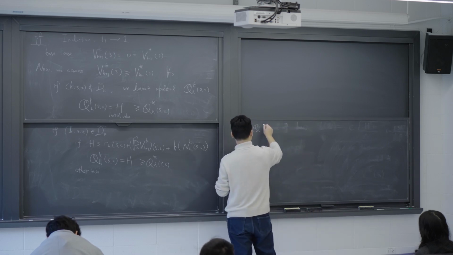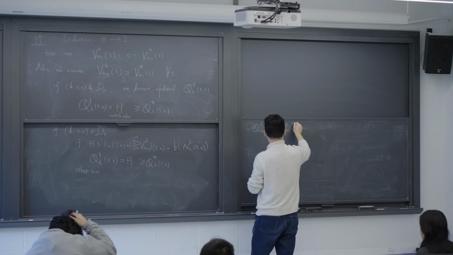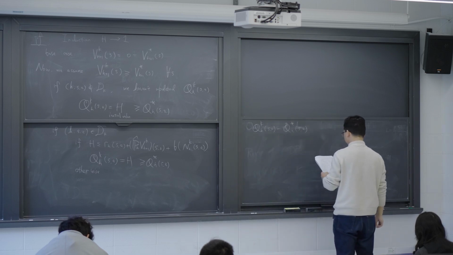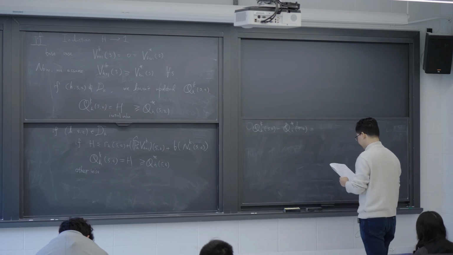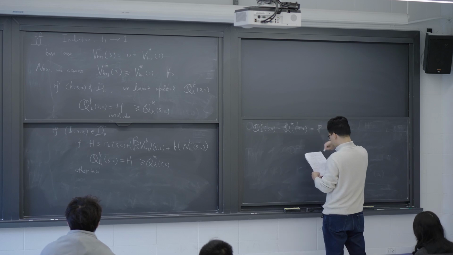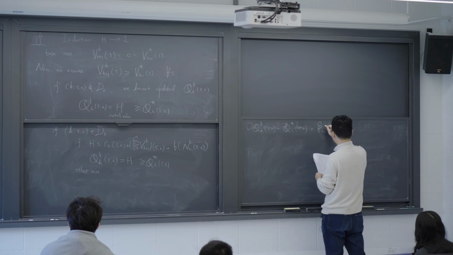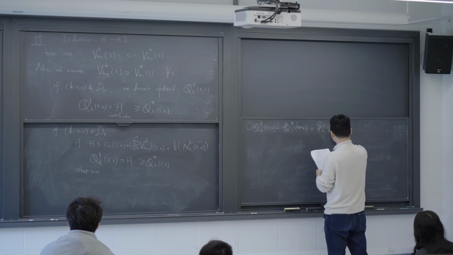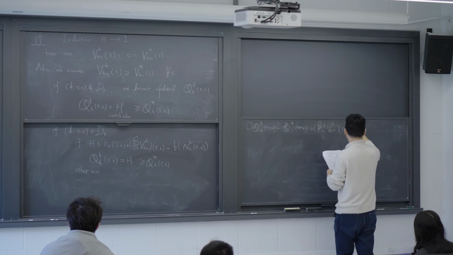So we look at Q_h^k(s,a) subtracted by Q*_h(s,a). By the update equation, we immediately know Q_h^k by definition is equal to r plus P-hat_h^k applied to V_{h+1}^k(s,a), plus the bonus.